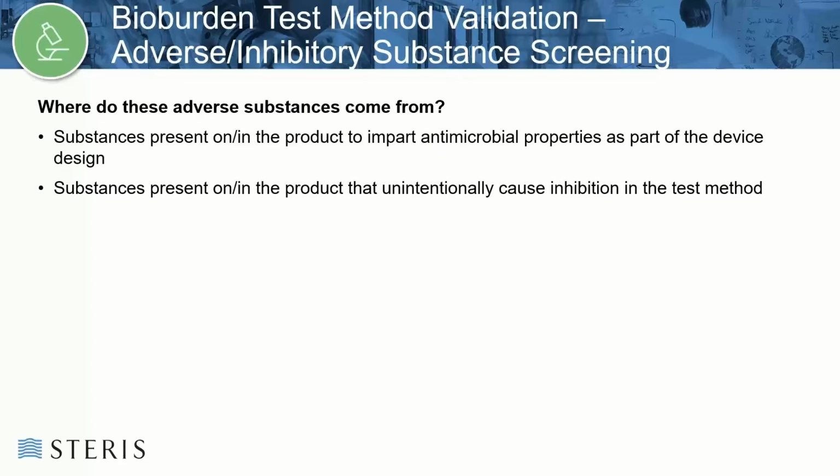There may be adverse substances present on or in a product that unintentionally cause inhibition in the test method. Examples of this may be product coatings or residual detergents from cleaning processes. Typically, the presence of these substances or their impact is unknown by the manufacturer or the test lab prior to test method development work, and is only discovered during the first phase of testing.